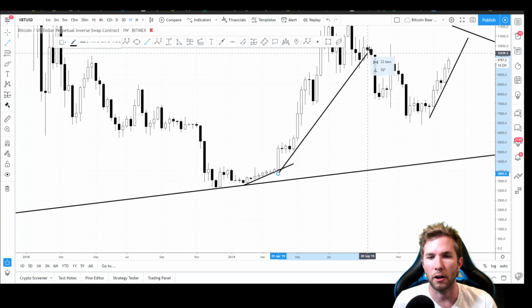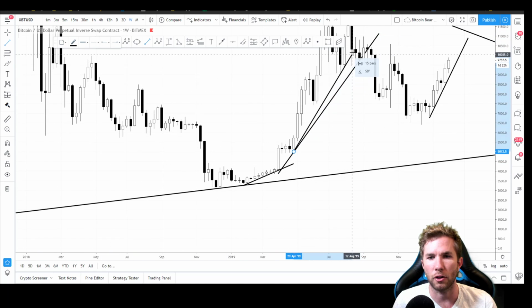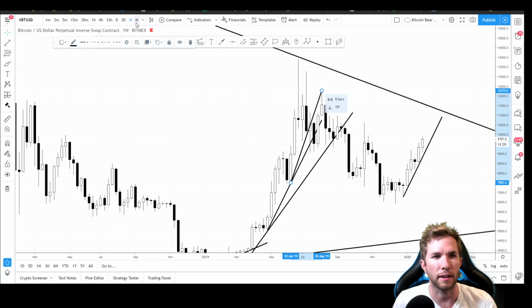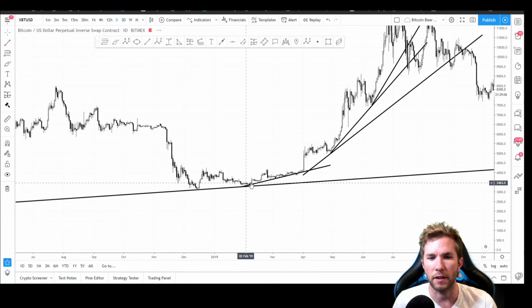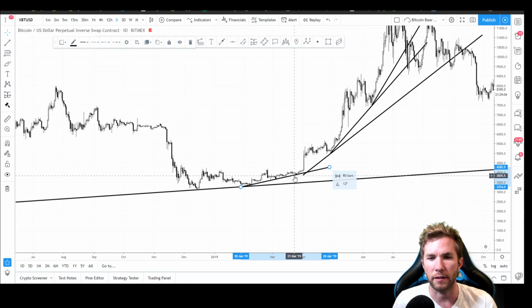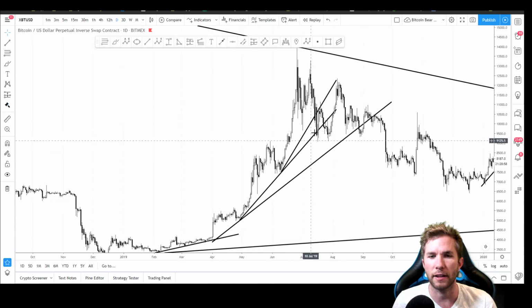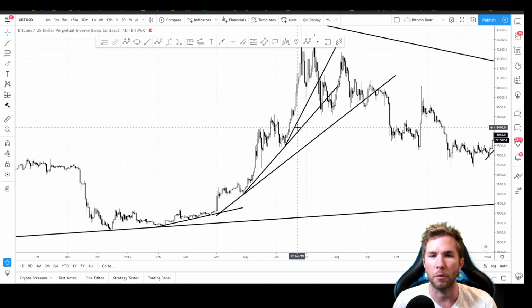You can see here we had this slope there, and the slope of the trend continues to get more and more as the trend moves. If we look at this on the daily, it looks a little more obvious. Here we had this flat support, then a support there, and then it just got higher and higher. That's what a parabolic trend looks like as the trend line slope changes.